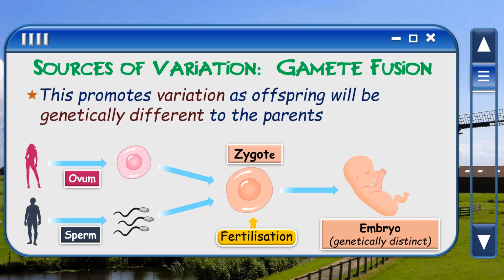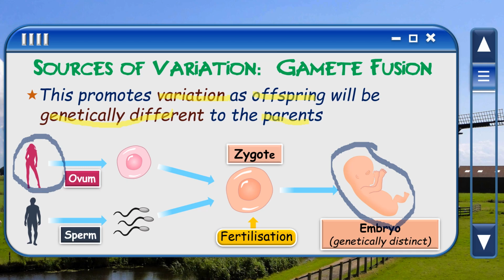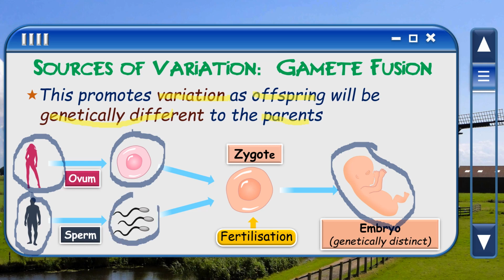This is going to promote variation, as offspring will be genetically different from the parents. If we look at our embryo here, this offspring is going to be very different from the mother and also different from the father, but is going to be an amalgam. This child got half of the genetic information from the mother and half from the father.